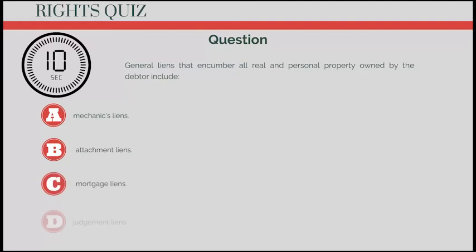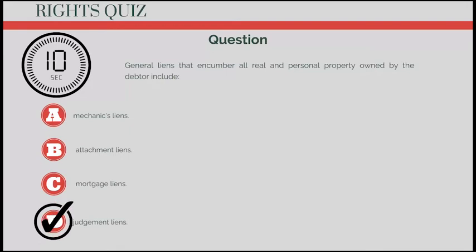General liens that encumber all real and personal property owned by the debtor include a mechanics lien, attachment liens, mortgage liens, or judgment liens. The correct answer is D.